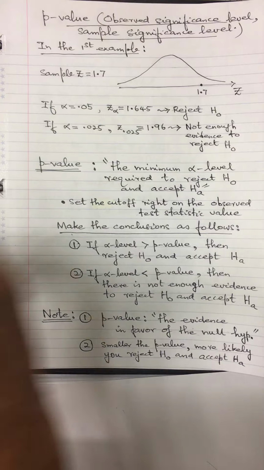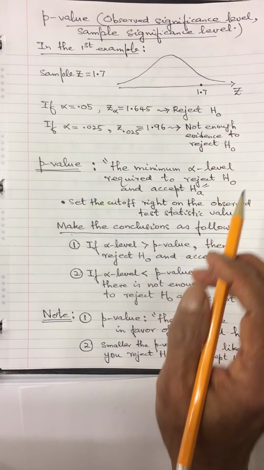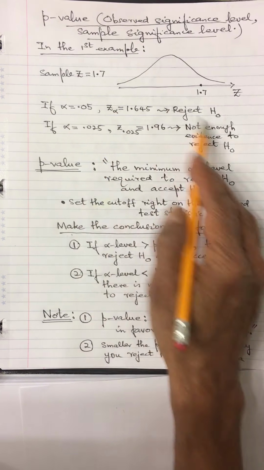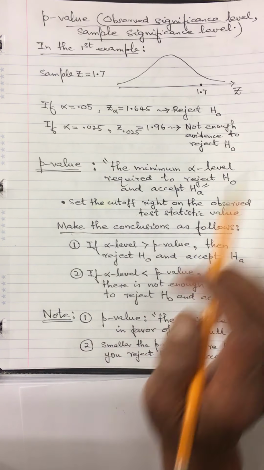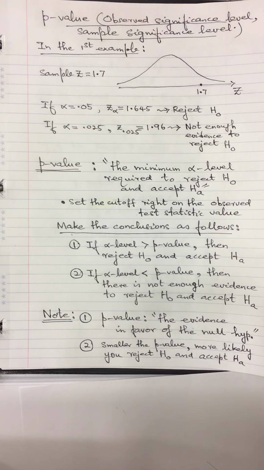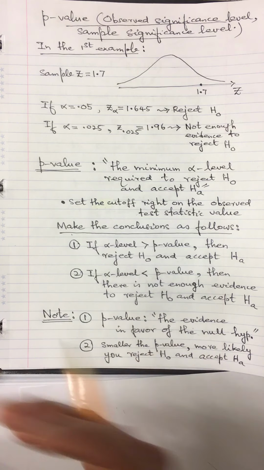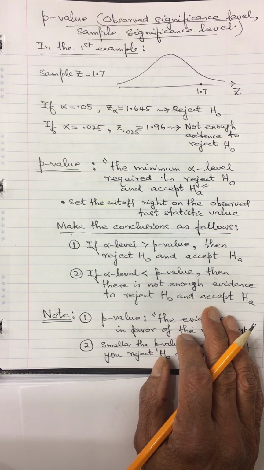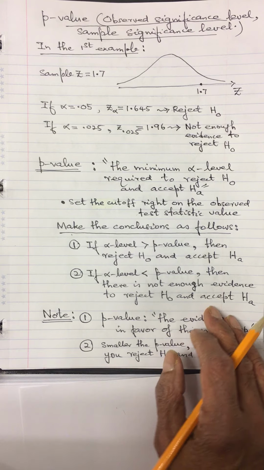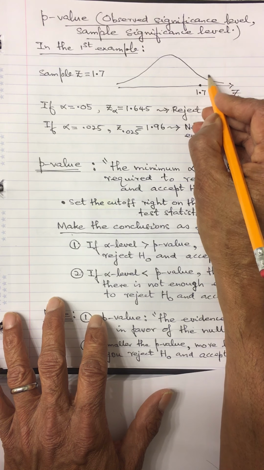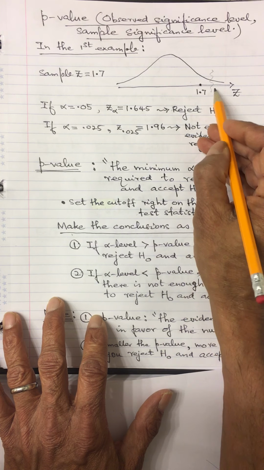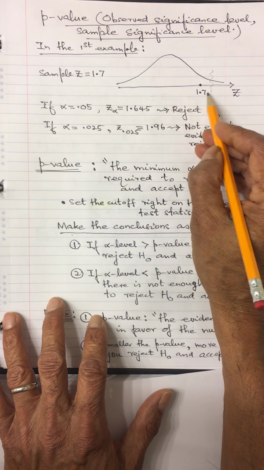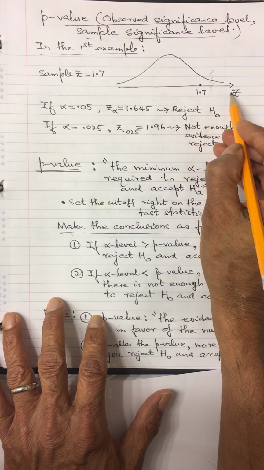So this is what we did in that example. Now, if I ask you, what is the minimum alpha level you need if you want to reject H naught and accept HA? In other words, if I draw the cutoff right here, there's not enough evidence to reject H naught because this is the rejection region.